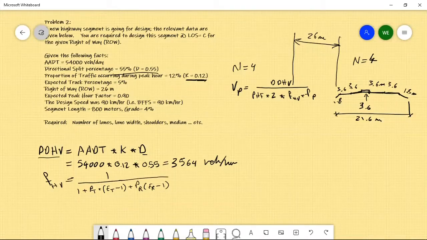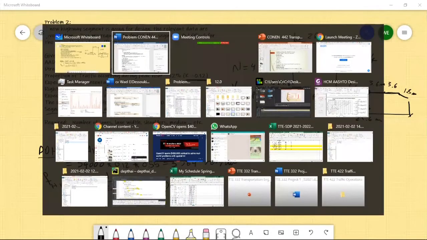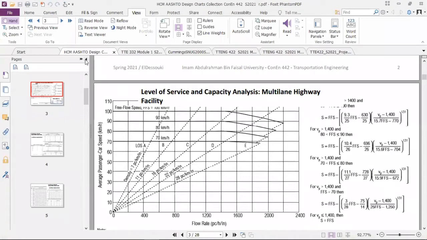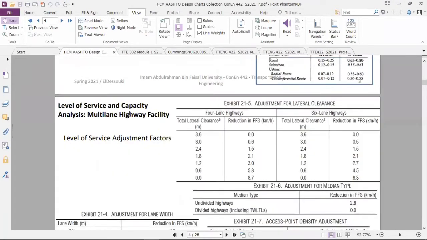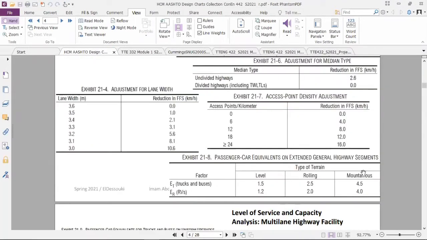In our case, we have a segment length and the grade. We didn't have the terrain type, whether mountainous, level, and so on. So let's go to the tables and see how we can solve this issue. If we look at the Highway Capacity Manual tables, what we have is a segment of the road and the grade of that road.